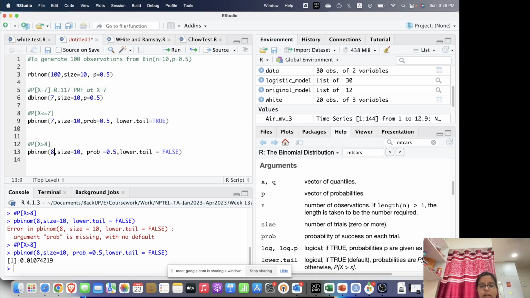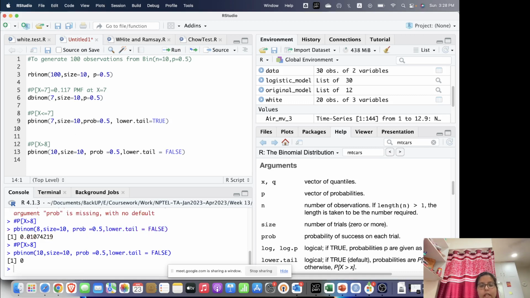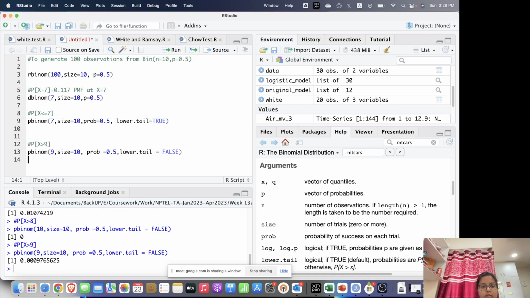If I have to find the probability at 10, let's find out 9, then this is equal to dbinom 10, size equal to 10, p equal to 0.5.